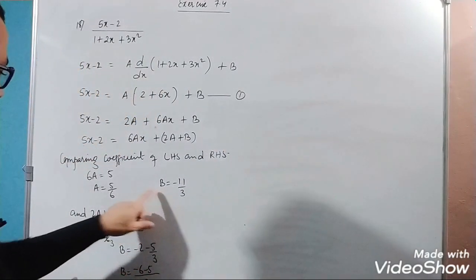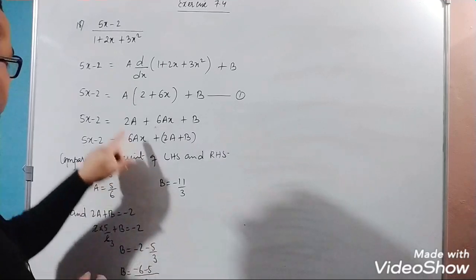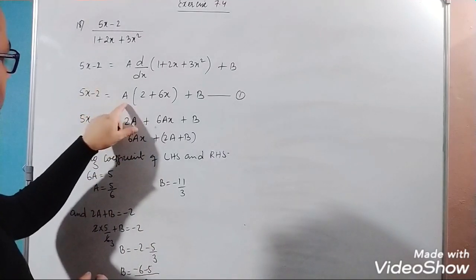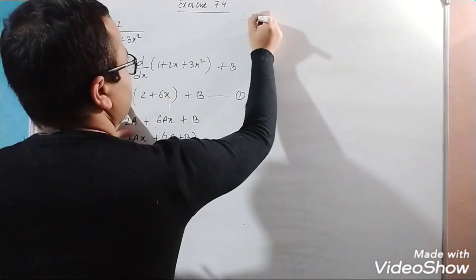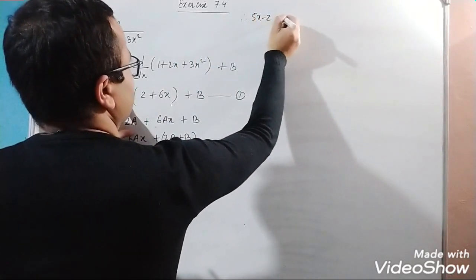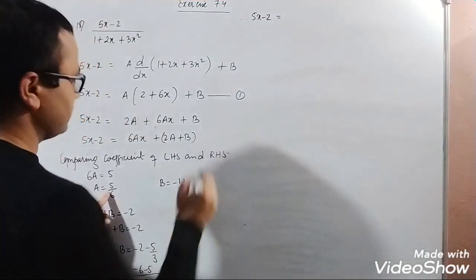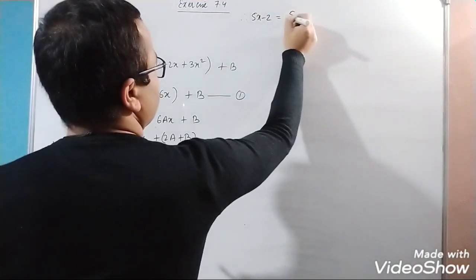Now put this value of a and b in equation 1. So therefore 5x minus 2, value of a is 5 by 6.